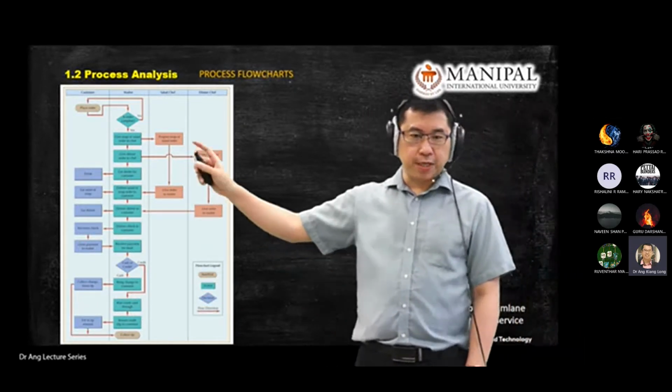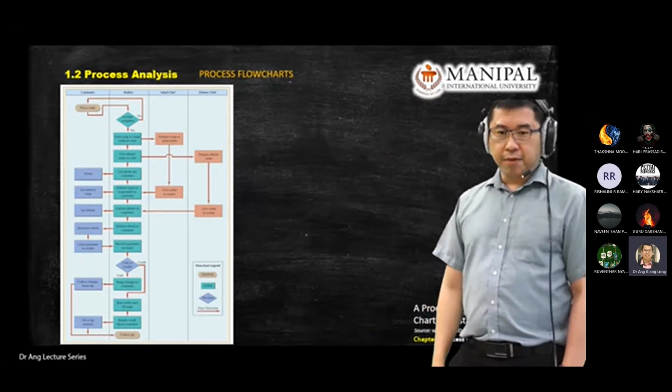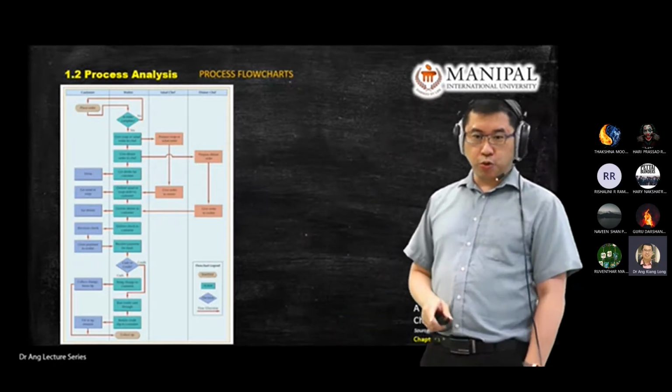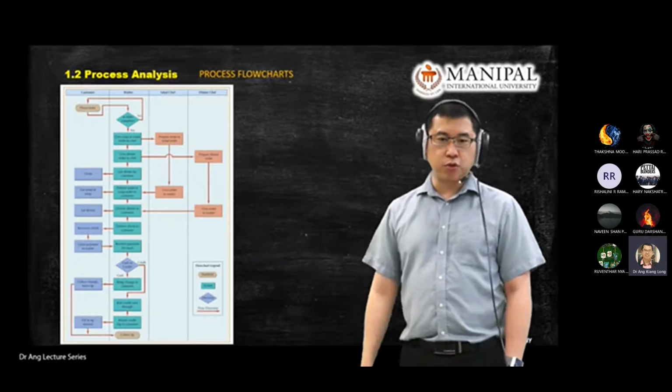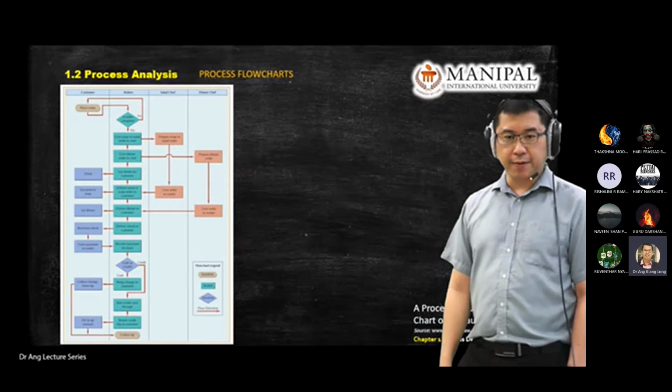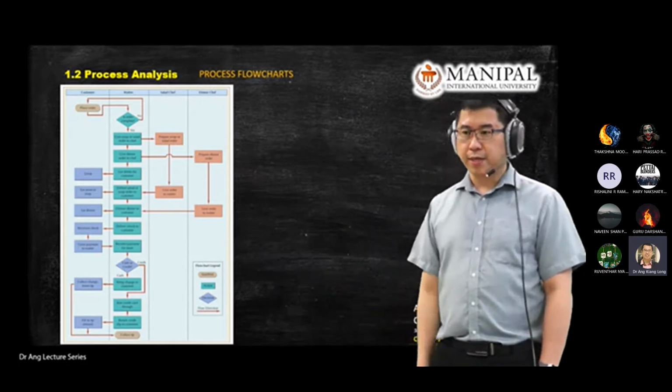Later you can zoom in and out in my slides. And if you already downloaded the tutorial questions, you should be able to see very clearly in the tutorial handouts that I put in Teams.